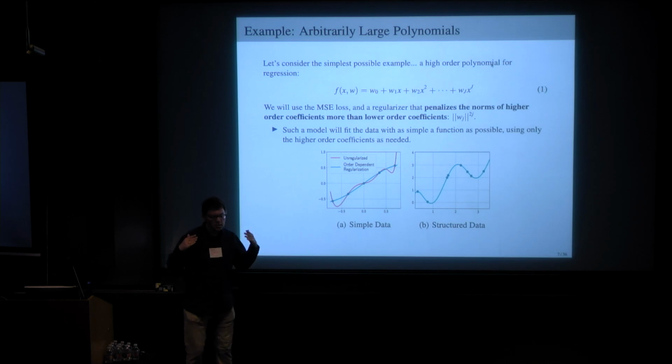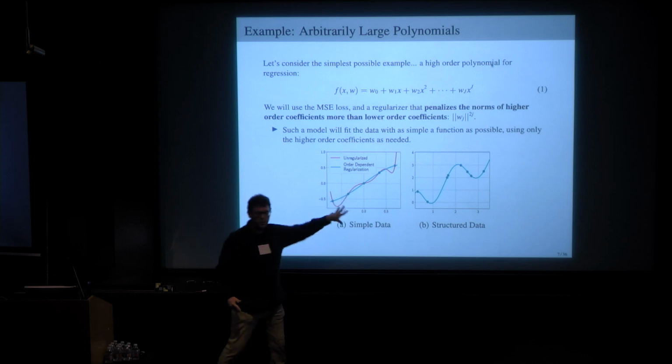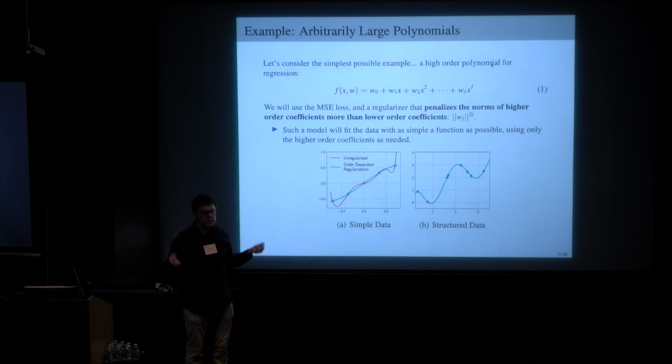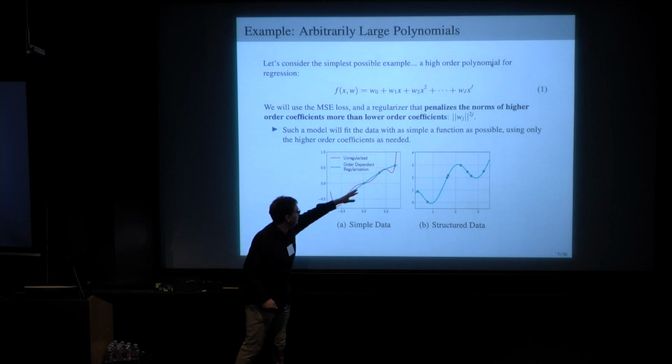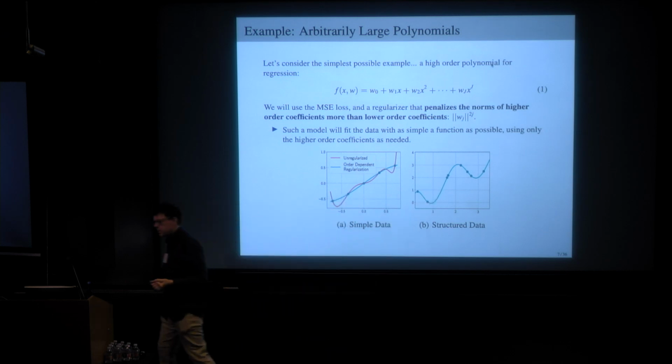Given that there are many different settings of parameters, if we have a really high order polynomial that can fit the data perfectly, it'll prefer the setting of parameters that relies more on the lower order coefficients. And so if you can fit simple structured looking data with basically a straight line, this model will fit it with a straight line. If you increase the complexity of the data, it will adapt its complexity accordingly.